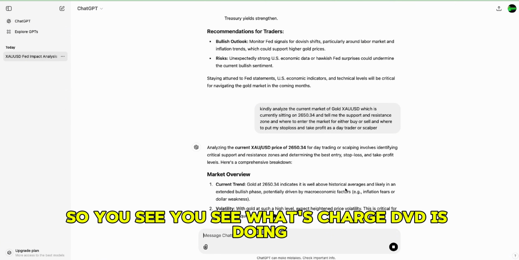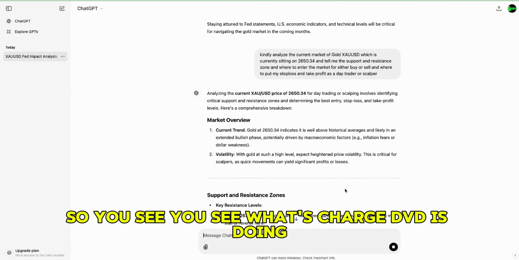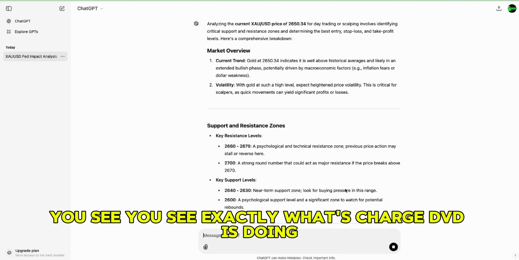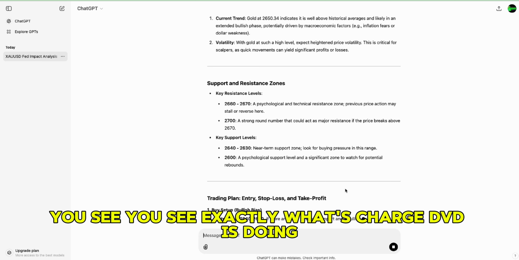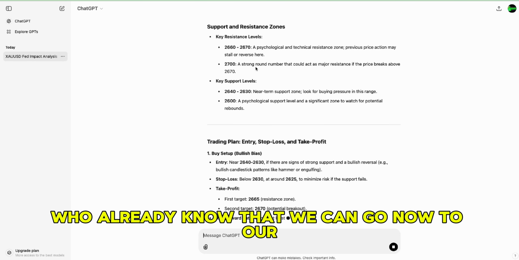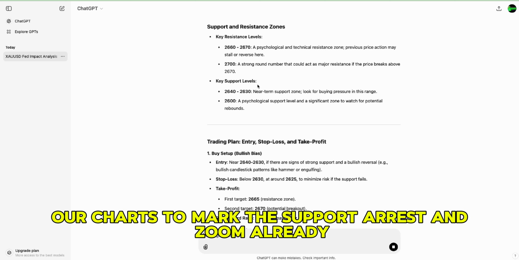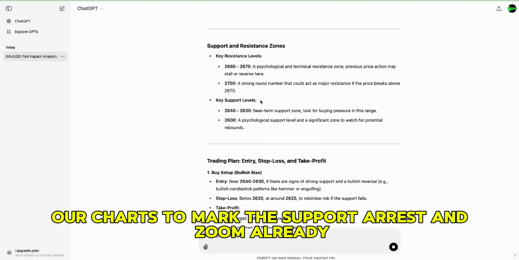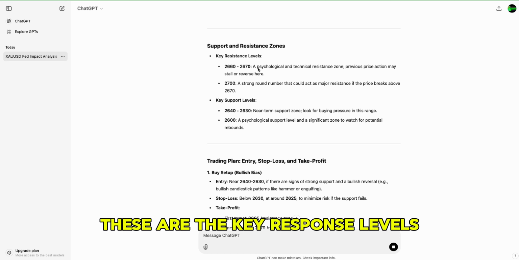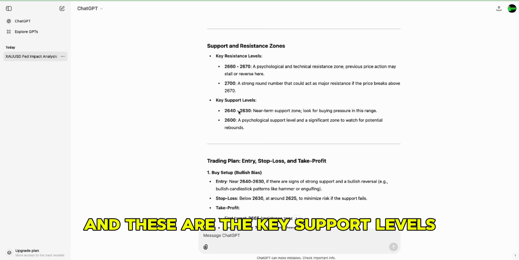So you see exactly what ChatGPT is doing. It has given us the support and resistance zones. We can now go to our chart to mark them, because we now have the idea of the key resistance levels and key support levels.